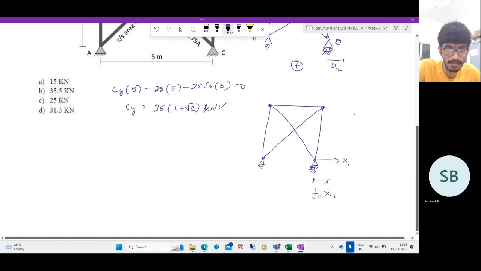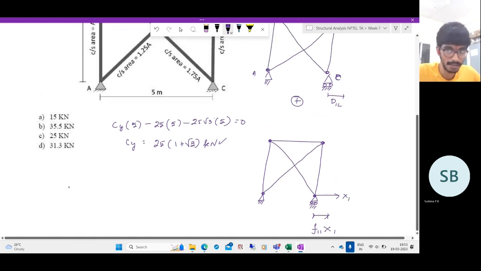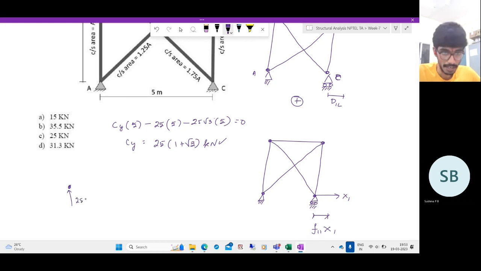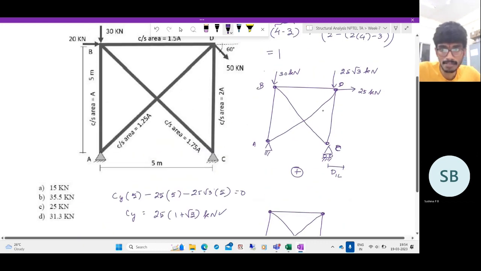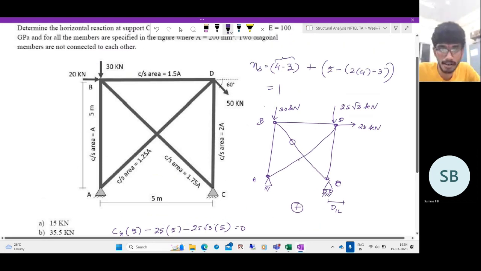So at the joint C, we have a vertical force of 25 into 1 plus root 3. And what is the horizontal force? Horizontal force is 0, which means this member is a zero force member, because FBC cos 45 plus 0 is equal to 0.